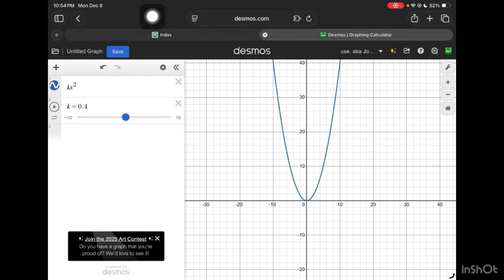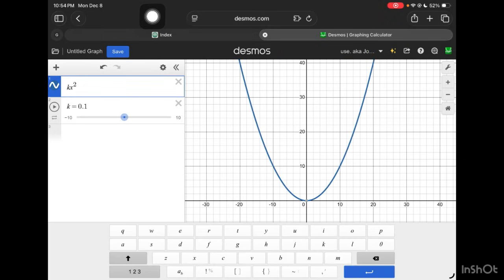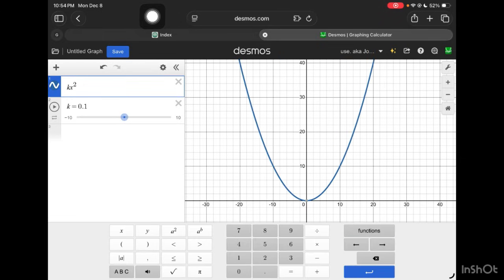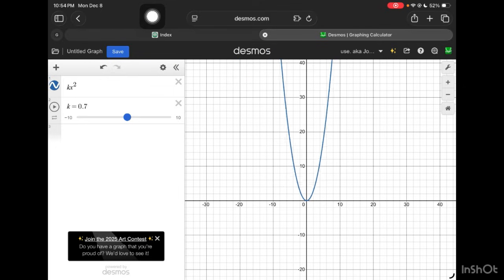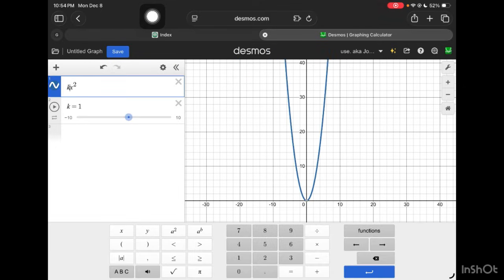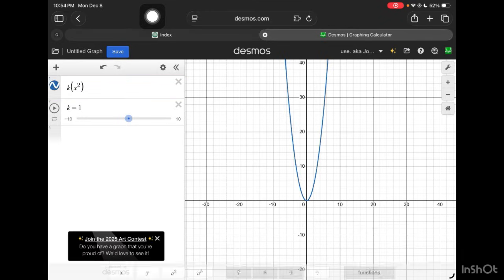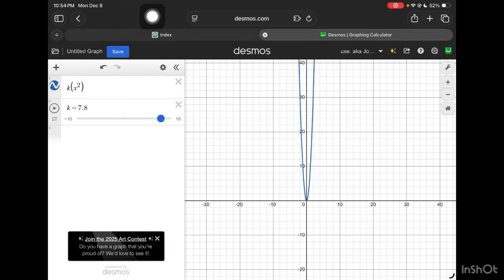Notice when we put this function, we're playing with k. If k is equal to 1, you just get 1x squared. Notice how if I make the k larger, it becomes narrower.